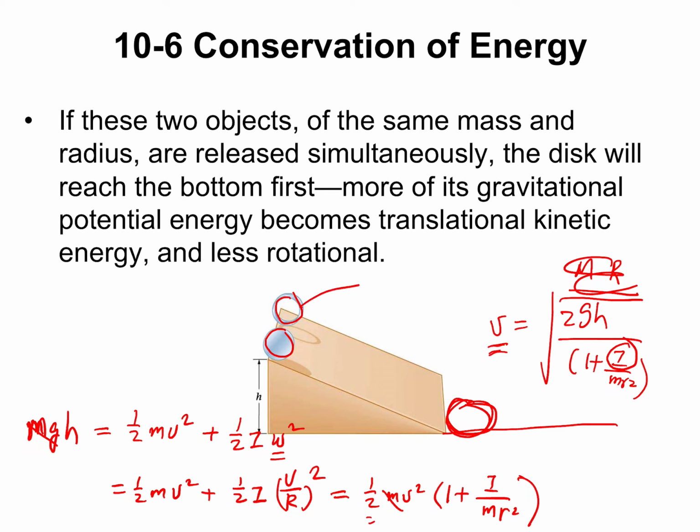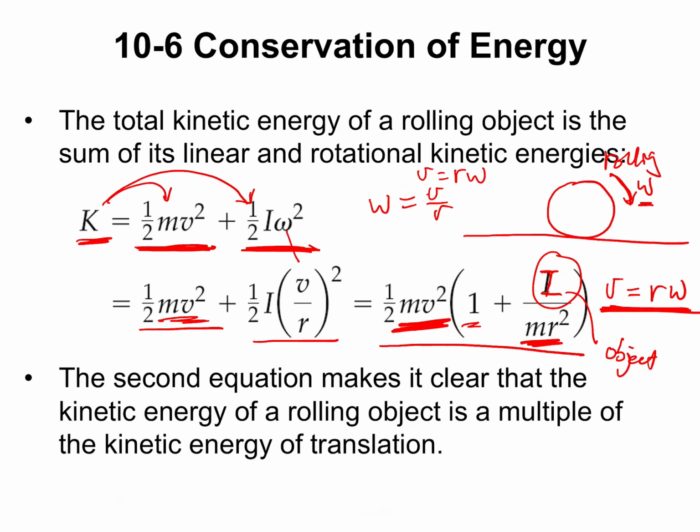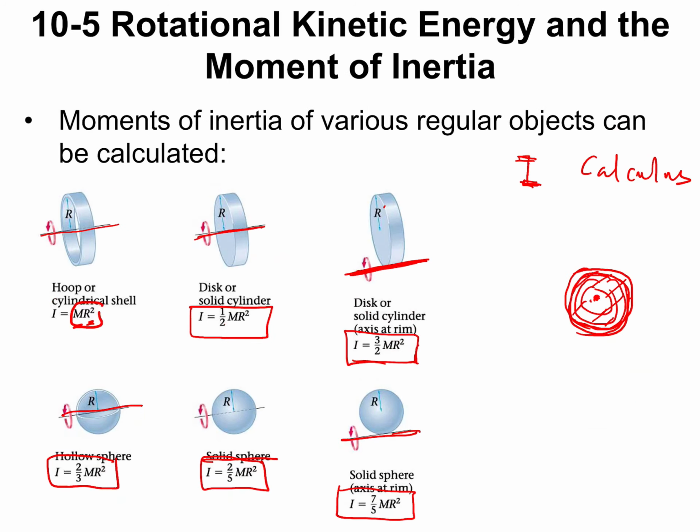For this ring, I equals mr square. And for the solid sphere, I equals, if I remember correctly, let's check. Okay, go back. Solid sphere, 2/5 mr square.